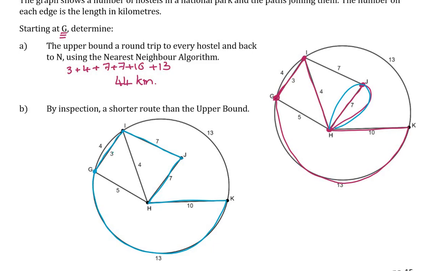That would be 3 plus 7, that's 10, 17, 27, 40. So that's better, and as long as it's better, it's going to be a good route. So G to I to J to H to K and back to G. Again, if I did my sums correctly, that'll be 40 kilometers.